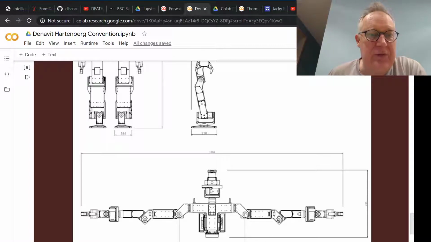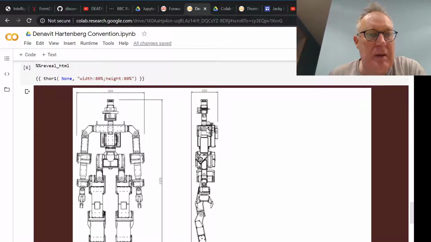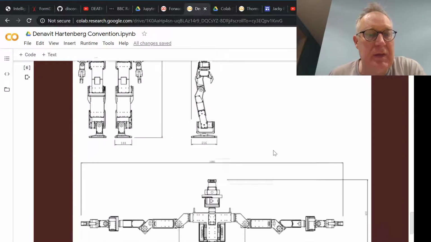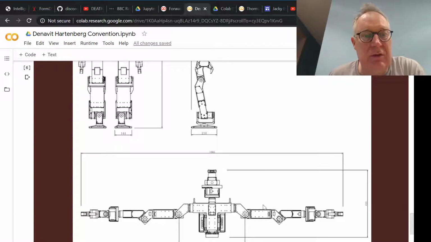So the axis of rotation has to be 90 degrees to the plane in which the joint rotates, which means it'll be out of the paper or into the paper. This joint here, the shoulder joint, the axis of actuation would be coming out of the paper or going into the paper. Here it's pointing to the right or to the left. Right. Here we're going out of the paper. Here the axis of actuation would be going up and down.